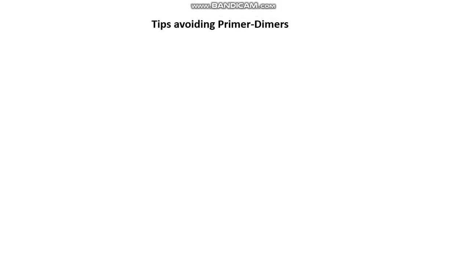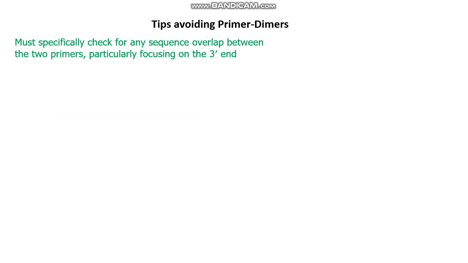Next are tips for avoiding primer dimers. You need to design the primers very carefully, and you need to check in SnapGene whether there is any binding region or overlapping region between the primers.